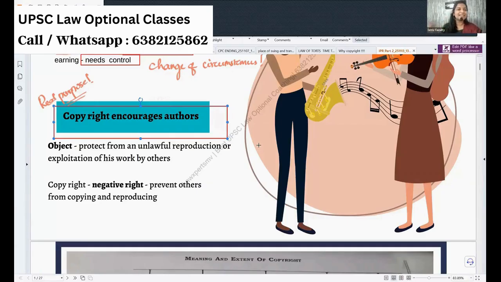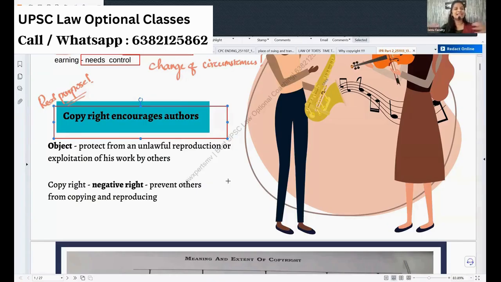Your relatives will validate you, will look up to you when you clear. Everybody will have that, right? So you need that validation. Everybody needs that validation. That's what we are giving here. And when we validate an author, he is the creator of that work. So I am protecting his authorship, and nobody can copy his work.